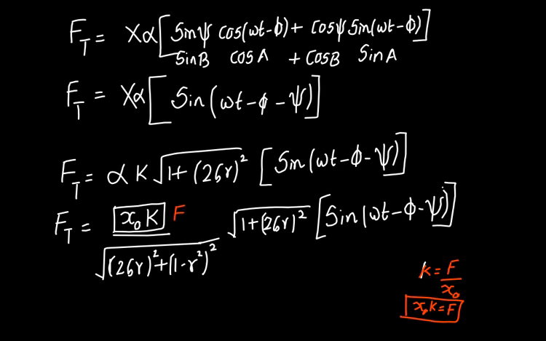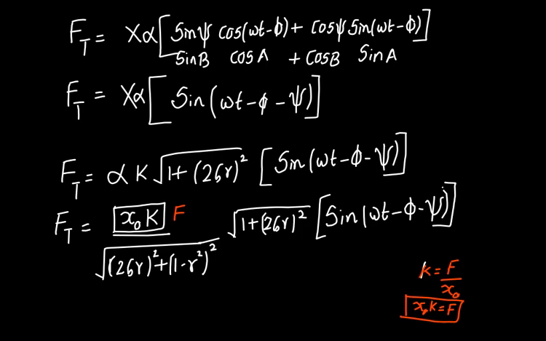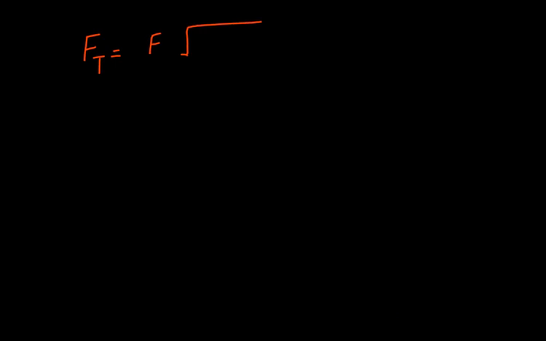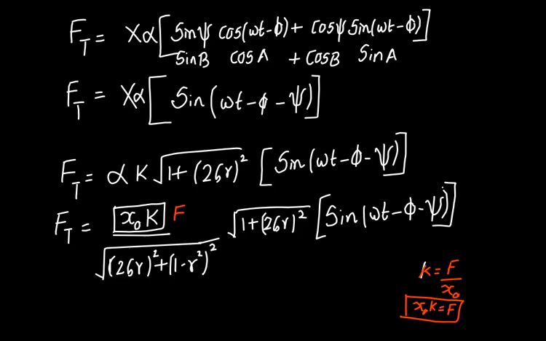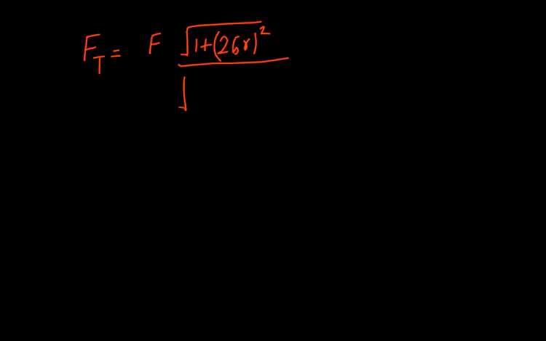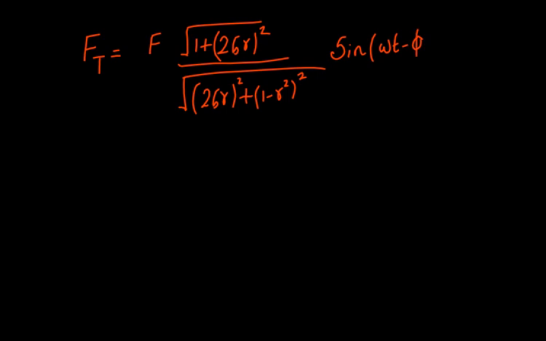So in the next step, the final expression for the force that is transmitted to the foundation is given by capital F into root of 1 plus 2 zeta r the whole square divided by square root of 2 zeta r the whole square plus 1 minus r square the whole square into sine omega t minus phi minus psi.